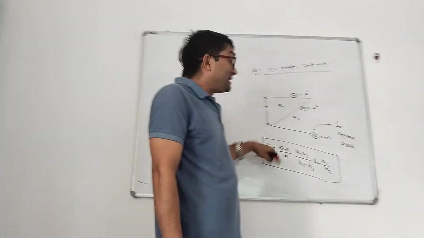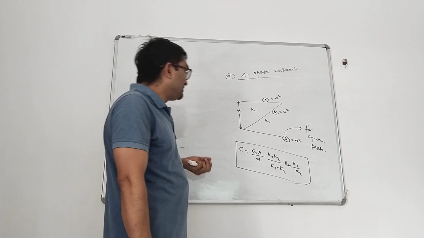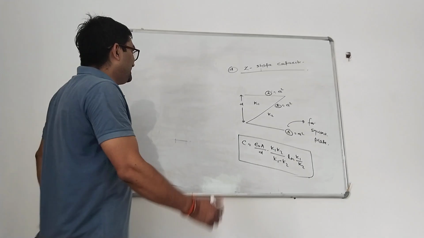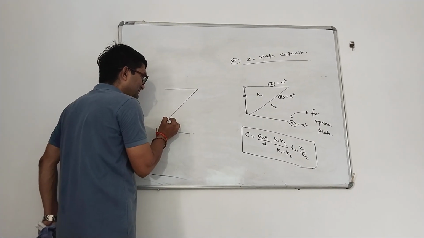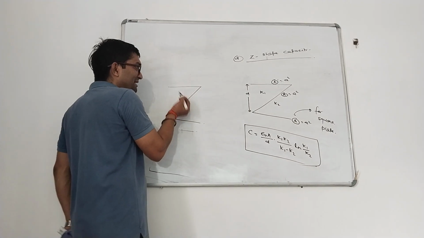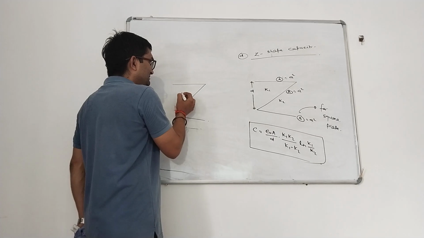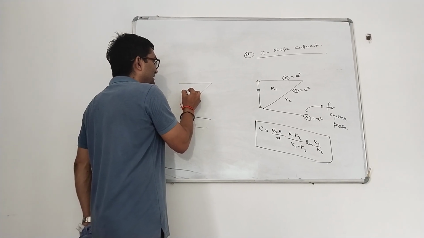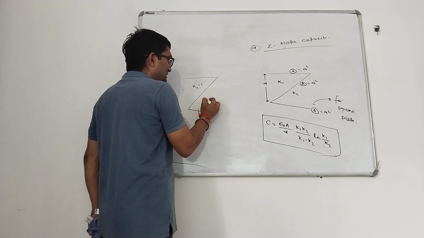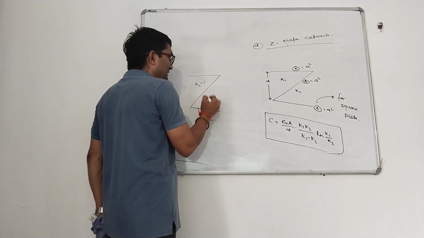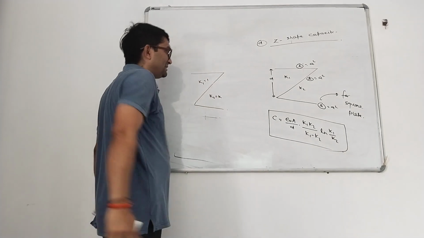So what is the application of this concept? Suppose in the first plate I use air, so K1 is equal to 1, and K2 is equal to K. Here is some dielectric, here is air.